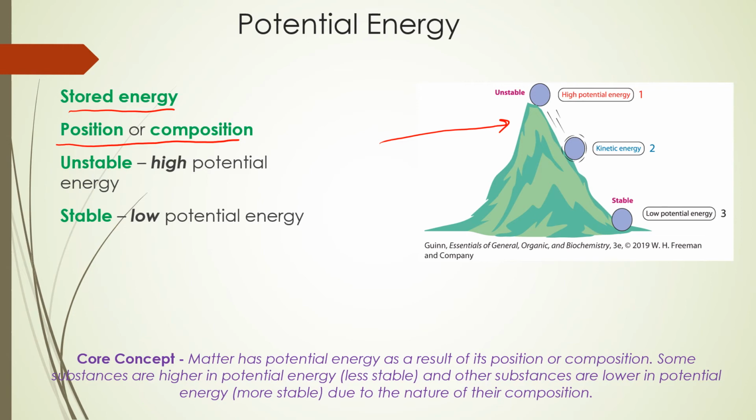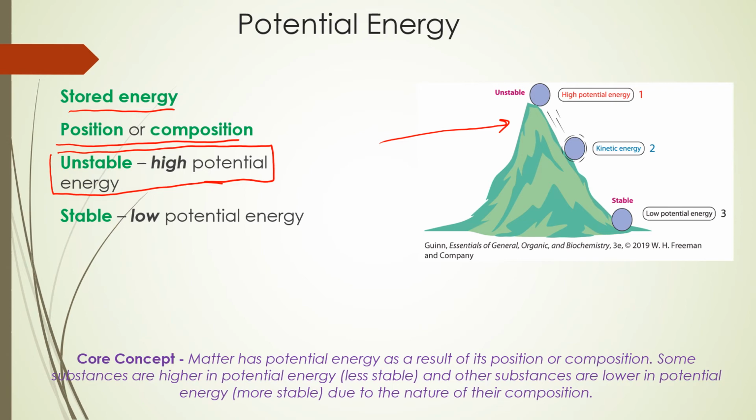High potential energy is unstable, it makes a system unstable. So in other words, any system which has high potential energy is unstable. And in this universe, all objects, all systems would like to go from unstable position to stable position, or in other words, they want to have as little potential energy as possible.